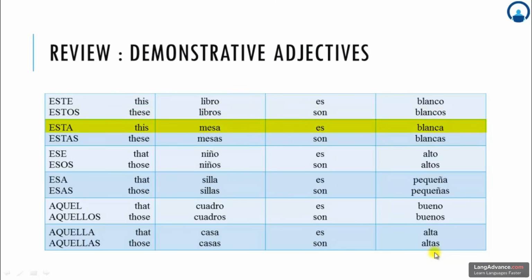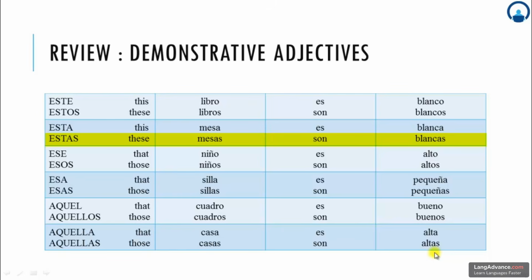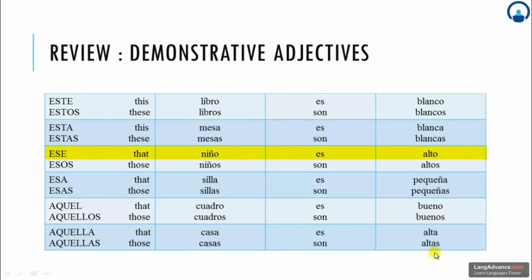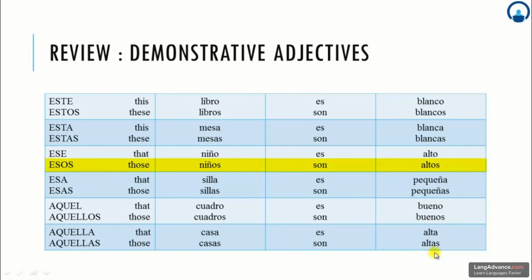Esta mesa es blanca. This table is white. Estas mesas son blancas. These tables are white. Ese niño es alto. That child or that boy is tall. Esos niños son altos. Those boys are tall.